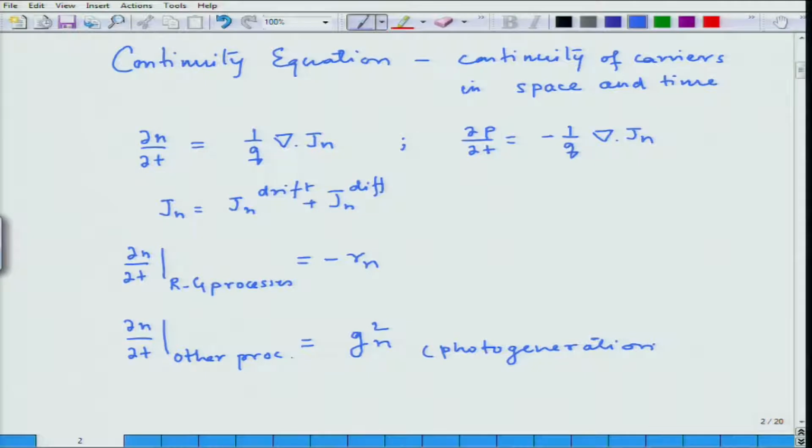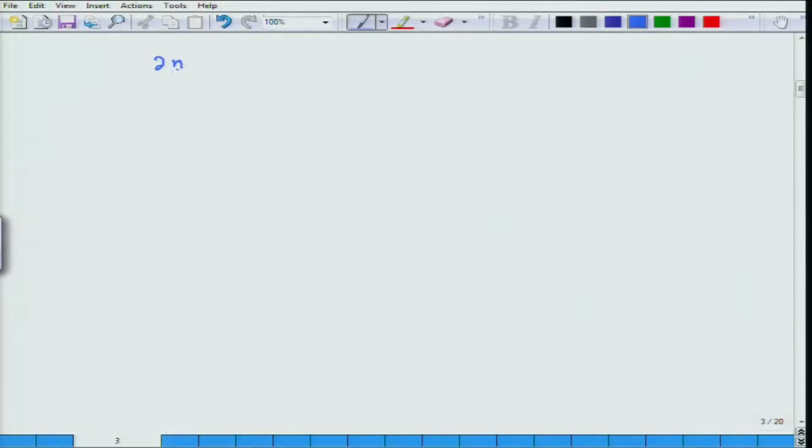So, if we take these short forms for the continuity equation, then what we will find is that it can be written in short as del n del t is equal to 1 over q gradient of the current density due to electrons minus the thermal RG term plus the generation, if it is confined to photo generation only.